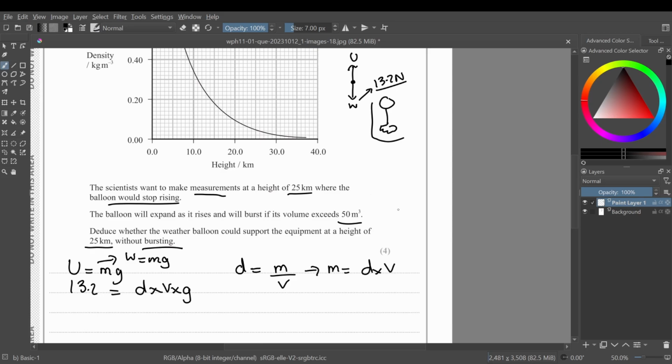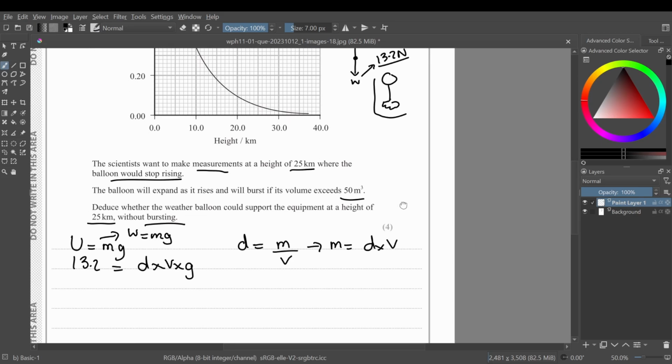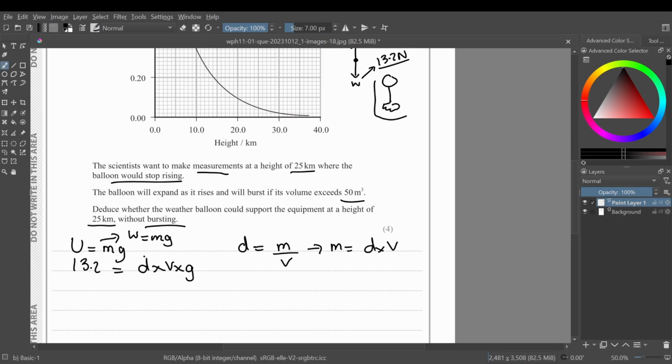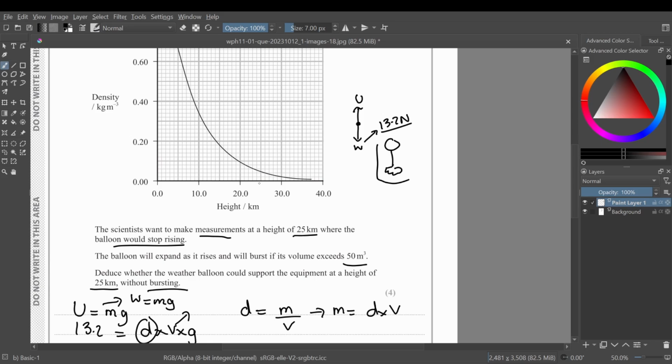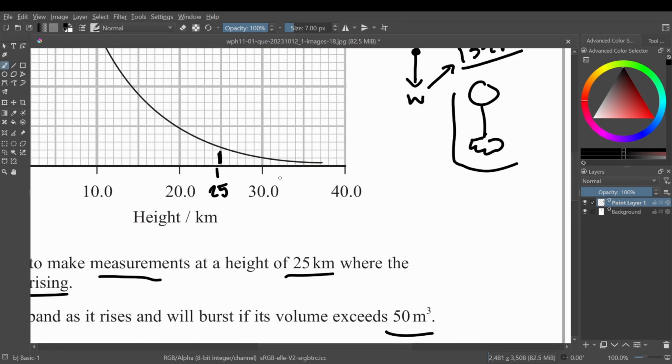now we basically need the density part, which we can get from the graph. We need to figure out volume. We have gravity value, which is 9.81. So this is your 25 kilometers, right? 25 kilometers, and this, well, let me zoom in.